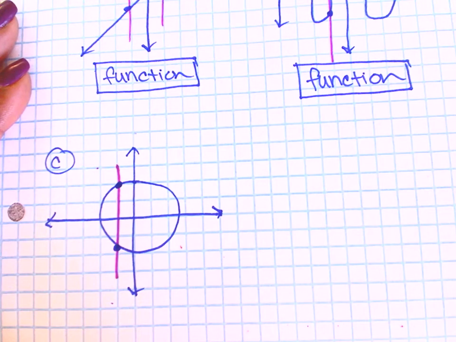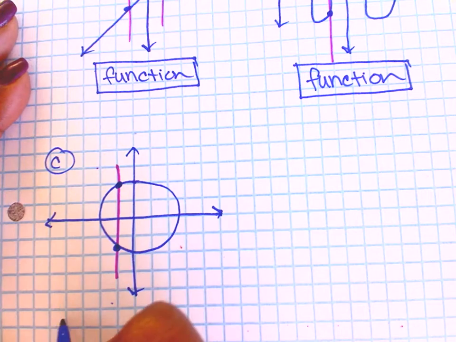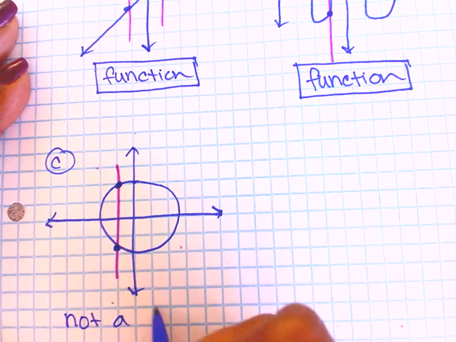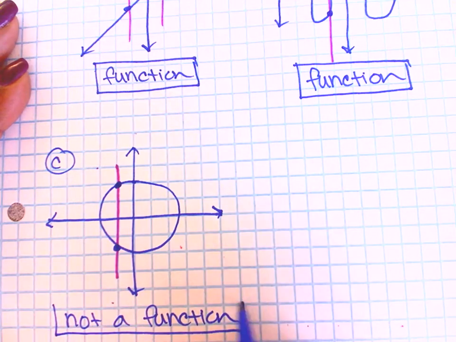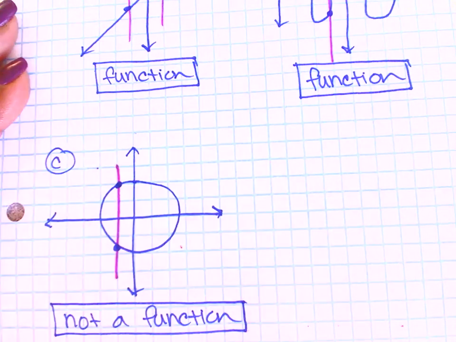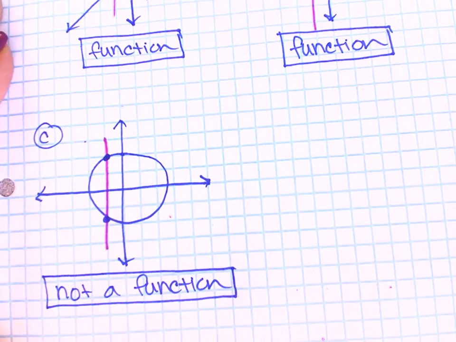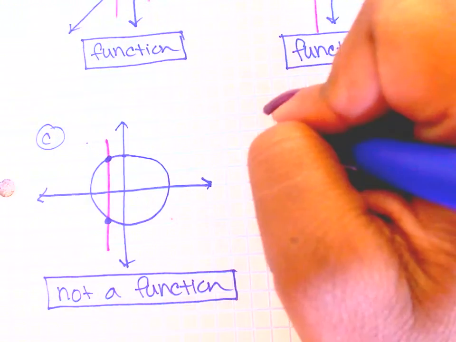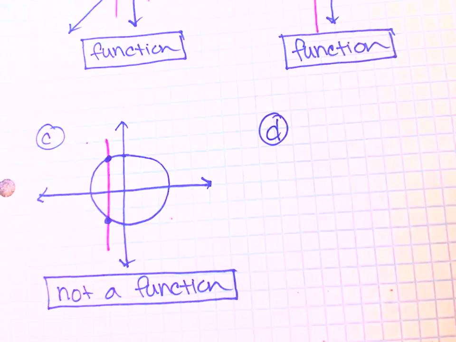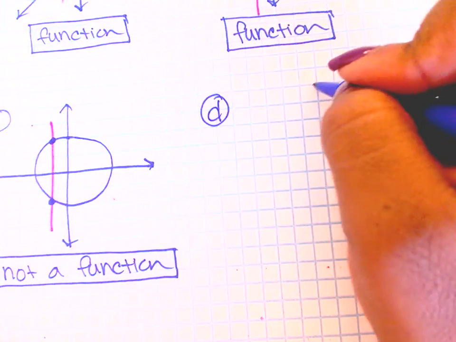If it goes through 2 points, is it a function? No. So I'm going to write not a function, and that's my answer. It's very simple. Okay. What about the last one for this type of example?